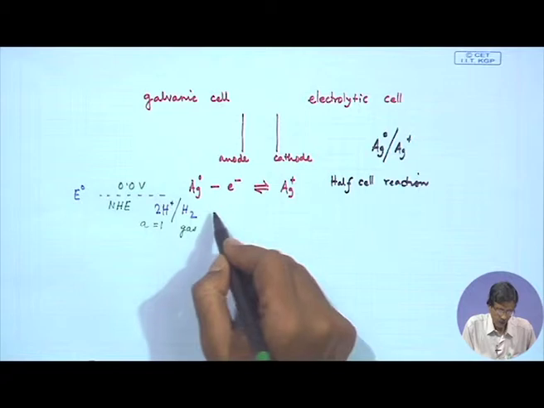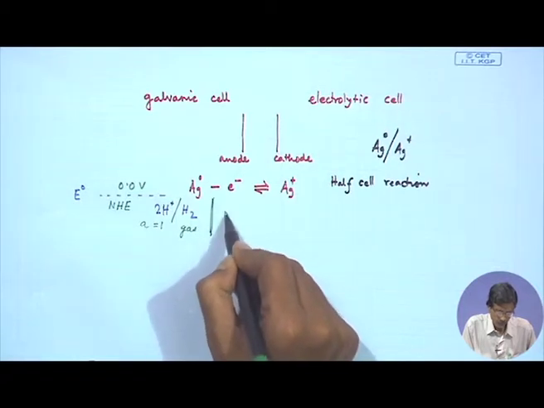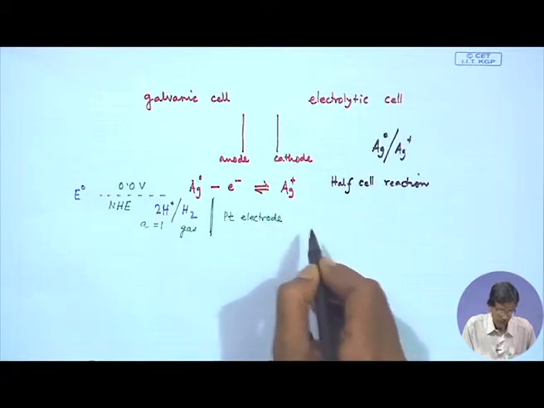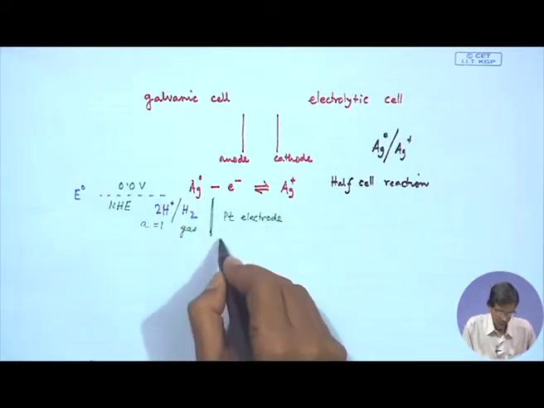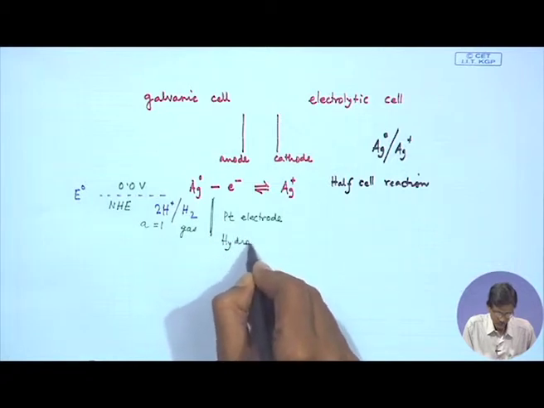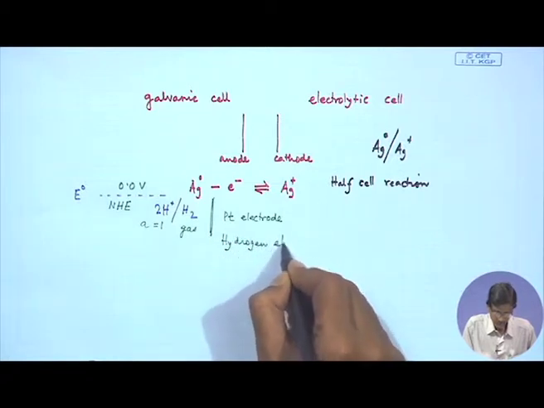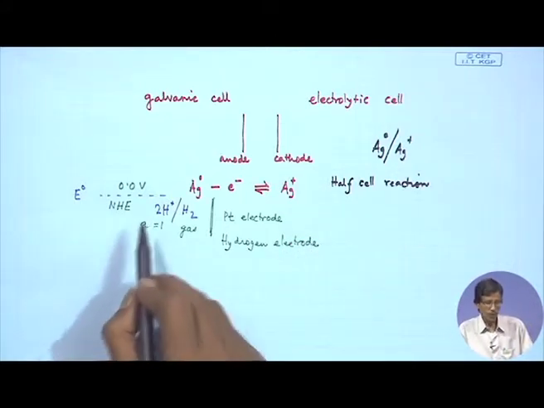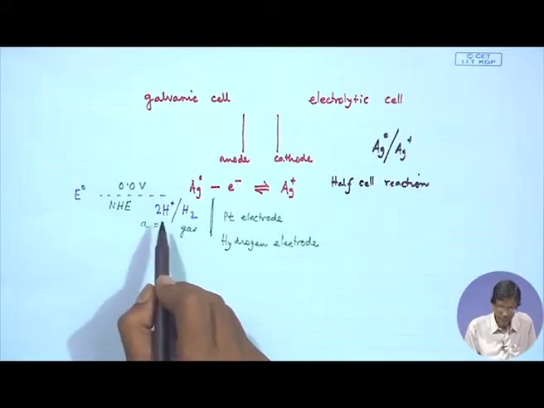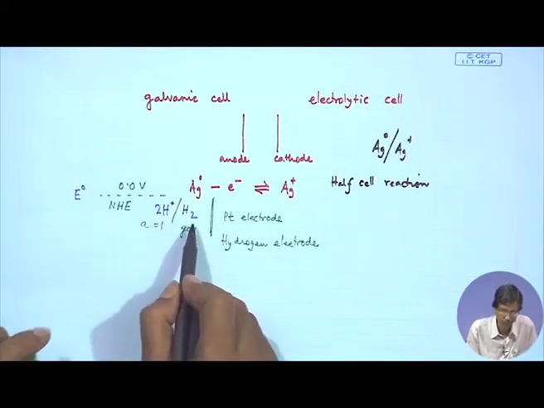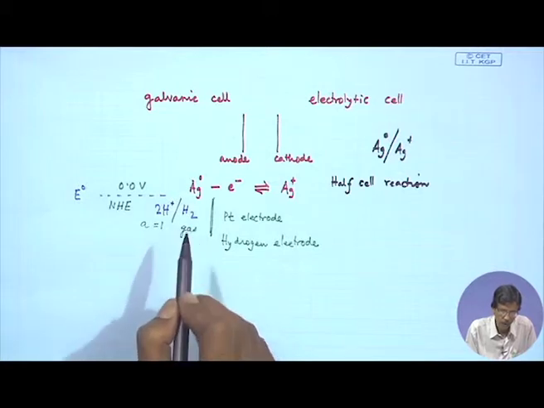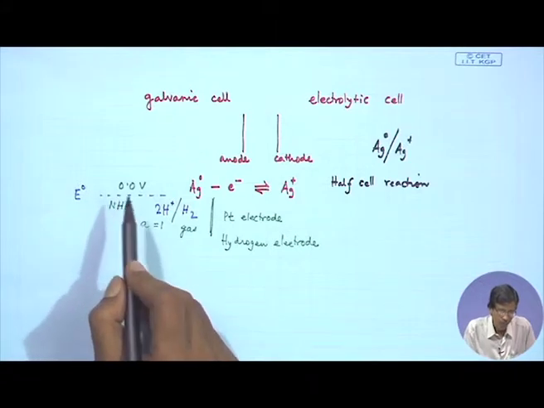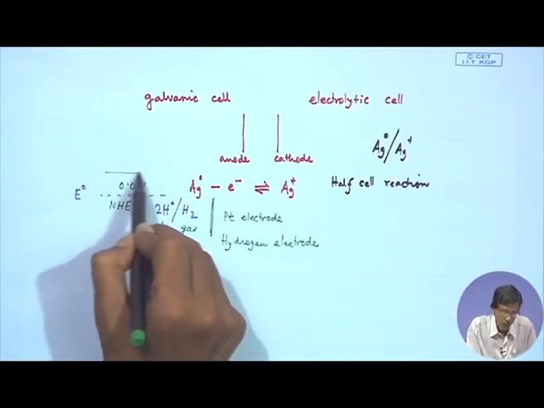So, we get that on a platinum electrode. That platinum electrode gives rise to the corresponding setup for the hydrogen electrode. Based on this particular half cell, the tendency of the hydrogen ion for its reduction to give rise to hydrogen gas is considered as the standard, 0.0 volt, and with respect to that we label all other species.